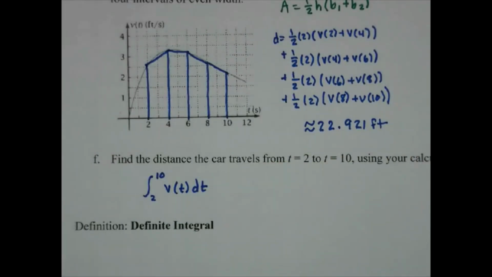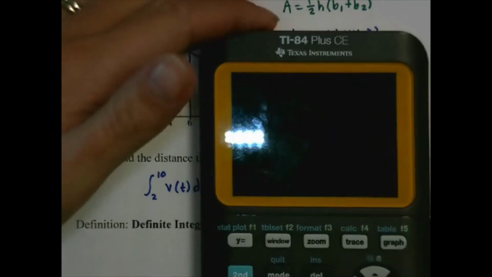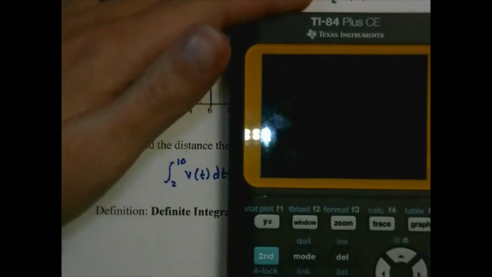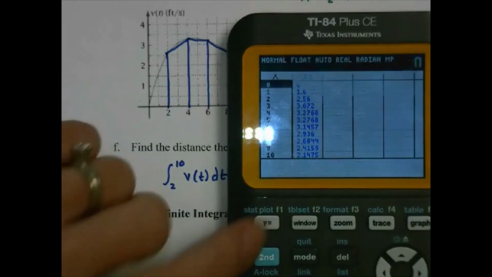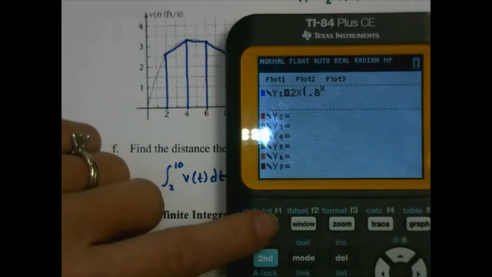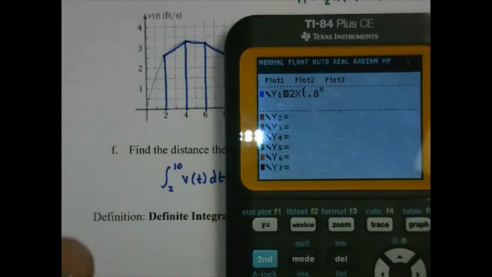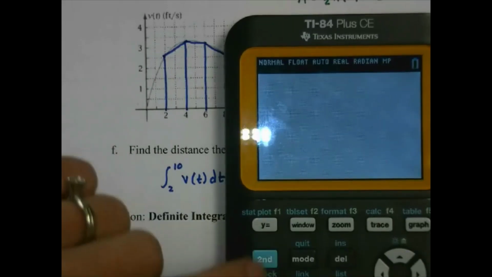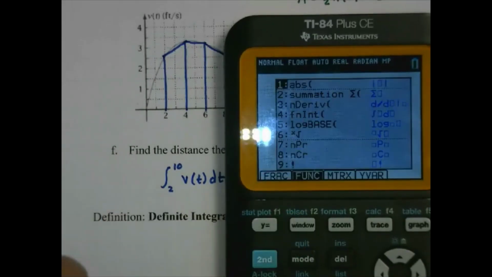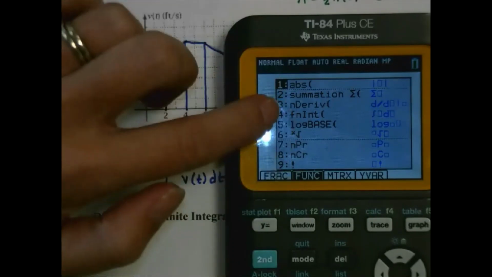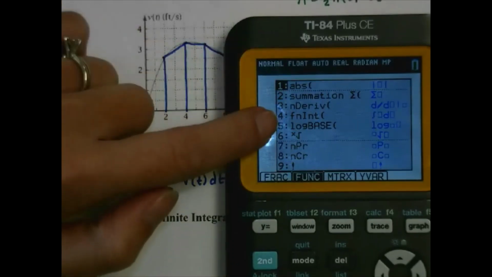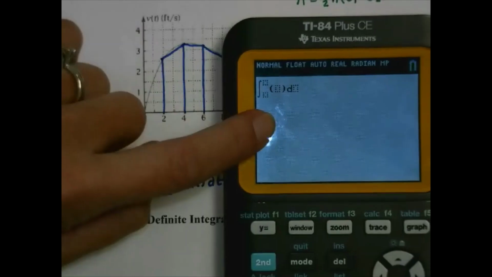Okay, so we can do this in the calculator. This finds the area of v of t from 2 to 4. So in the calculator, remember that our function is stored in y1. I'm going to go to my home screen here. If you go to alpha f2, in this menu, underneath the derivative which we've used, is fnInt.